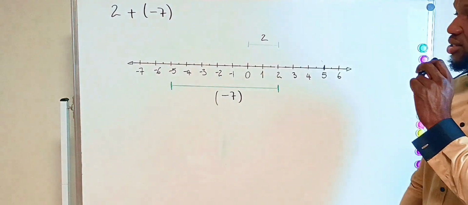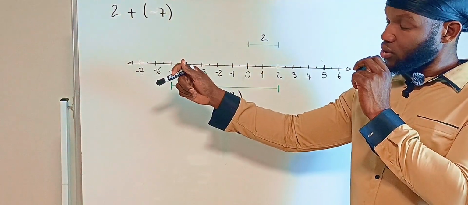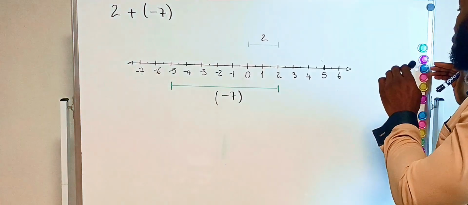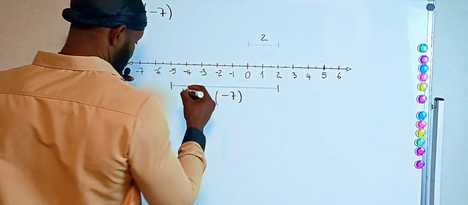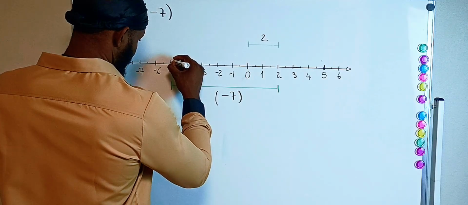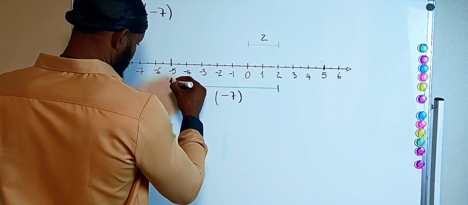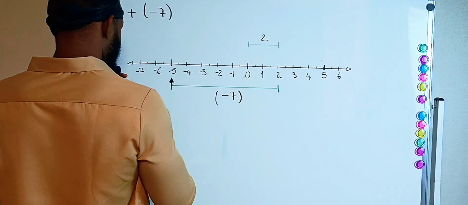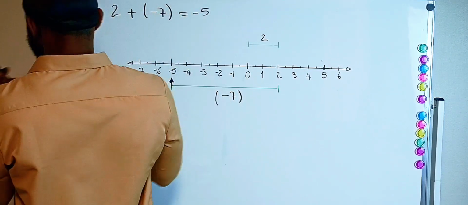So right now we better stop after adding 7 units. We stop over here, at -5, which is the answer.